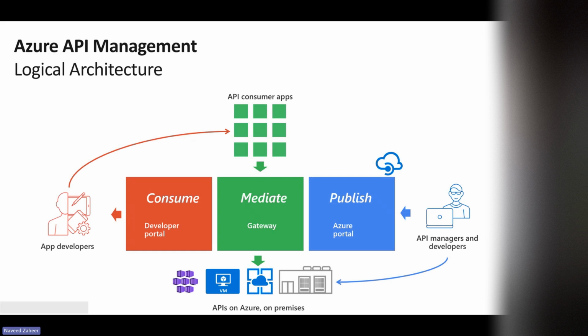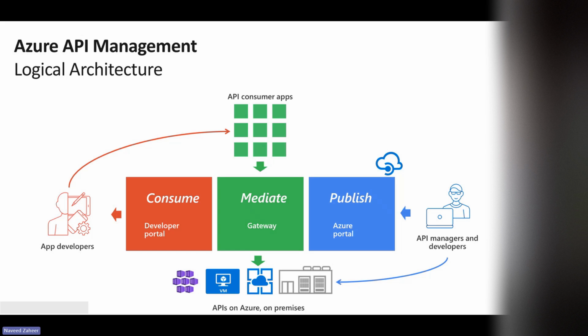So first of all, what is Azure API Management? Azure API Management is a Microsoft first-party service which allows users to expose their APIs to external or internal consumers. This is one of the services that basically allows you to separate the API interface from its implementation.